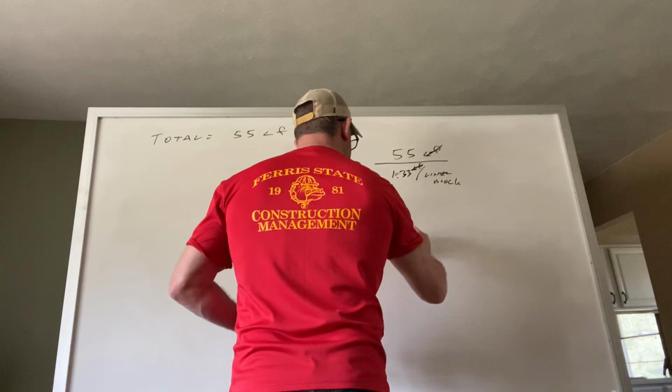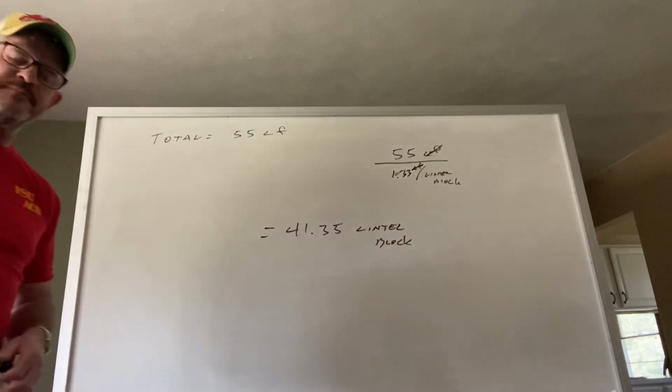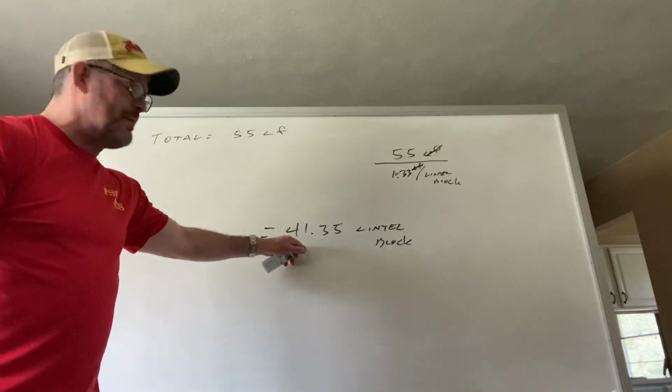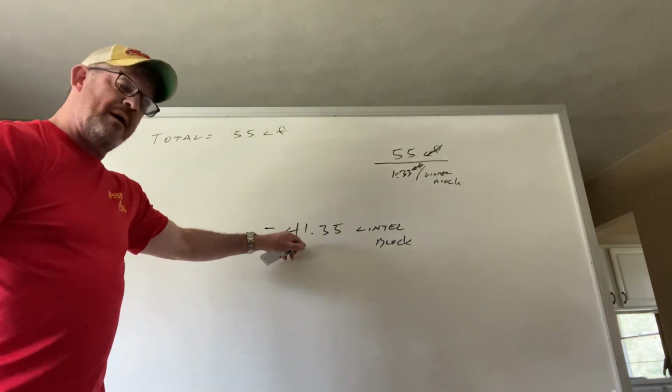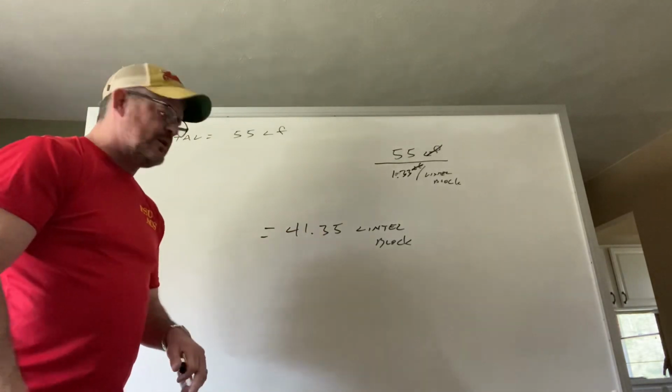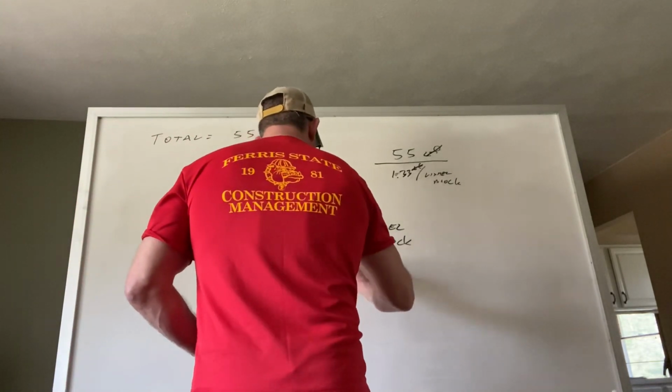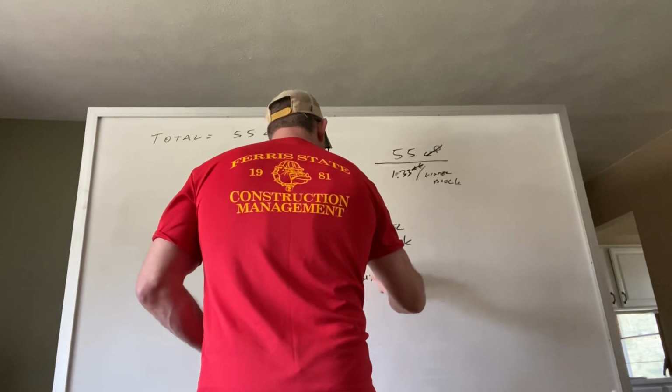And again, I can round that either way. The rules of math would tell me to round it down, but if I'm estimating it, or if I'm ordering it, I would go either way. So 41 or 42 would be correct. So we'll say that we have 41 lintel block.